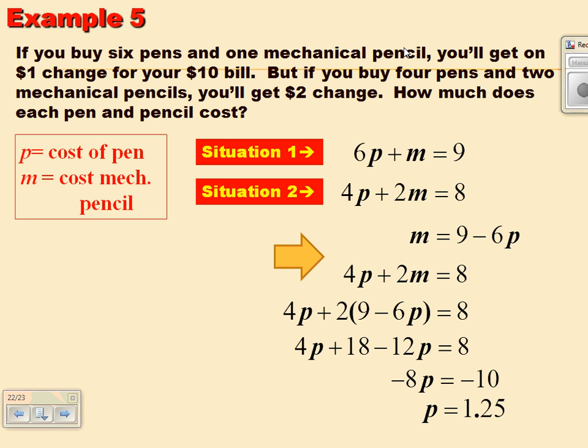So P equals 1.25. So that means pens cost $1.25.